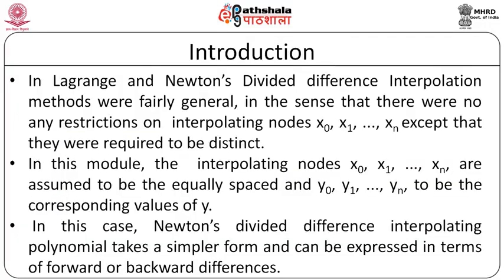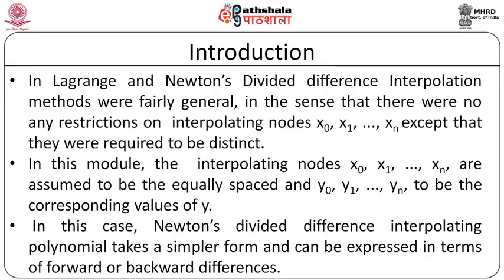As we have already seen, Lagrange's and Newton's divided difference interpolation methods were fairly general, in the sense that there were no restrictions on the interpolating nodes x0, x1, x2, x3, ..., xn, except that they were required to be distinct. In this module, the interpolating nodes x0, x1, x2, x3, ..., xn are assumed to be equally spaced, and y0, y1, y2, y3, ..., yn to be the corresponding values of y.